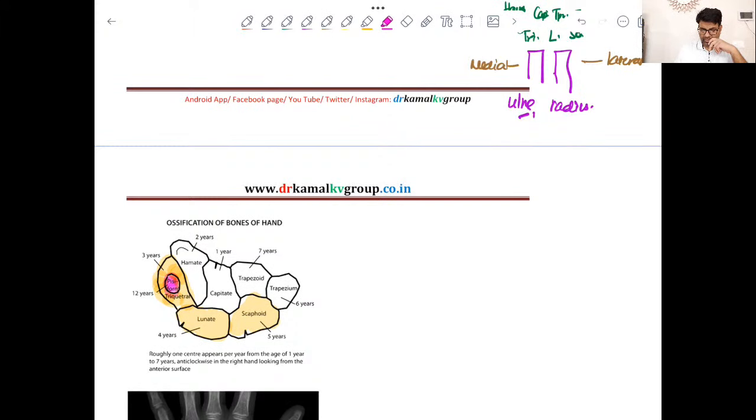Okay, so these are the proximal row carpals. This is of course the lateral side and this is the medial side. Clear? And of course this is the right hand.